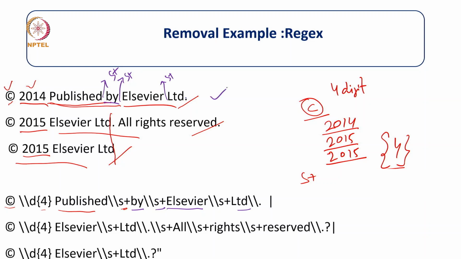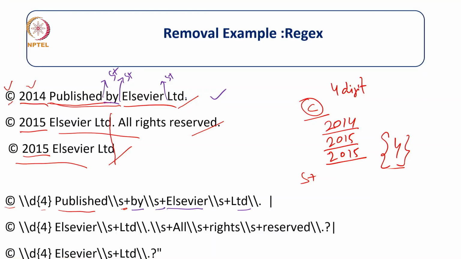One of my regular expressions is done, and then for the second one we can do it like this. This part is common in all three patterns. But here we want "Elsevier Limited", "Elsevier Limited", but in this one we want "Elsevier Limited. All rights reserved" also.